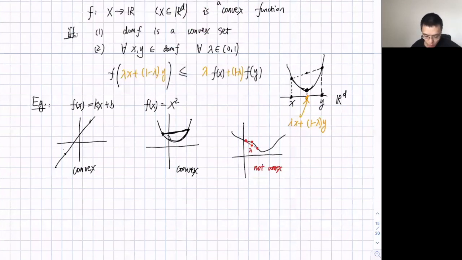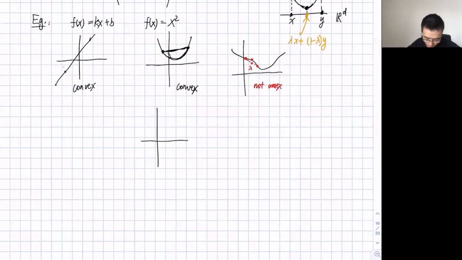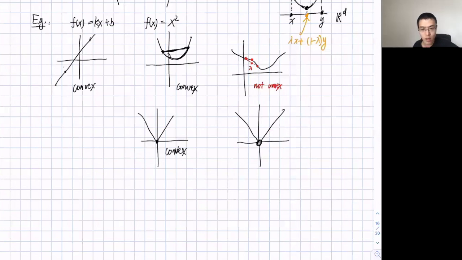I can show more examples. For example, this function doesn't look good because it has a point here that is not differentiable, but it's still convex. But what if a function is something like this? This point is not defined. Then the domain of this function is minus infinity to 0, and then 0 to plus infinity.